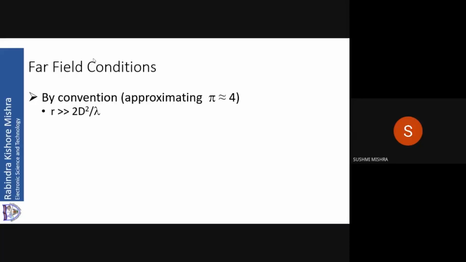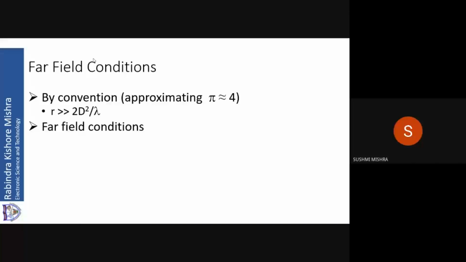If I take pi as 4, then R will be at least 4, so instead of being 3, it will be 4, which is a larger quantity. That will automatically satisfy the condition that it is greater than pi. So that is why we use this convention of R much greater than 2D square by lambda.